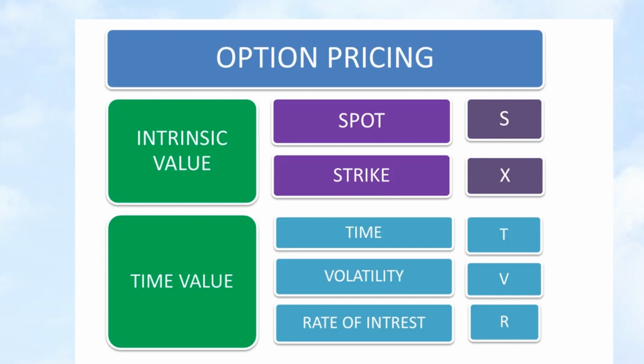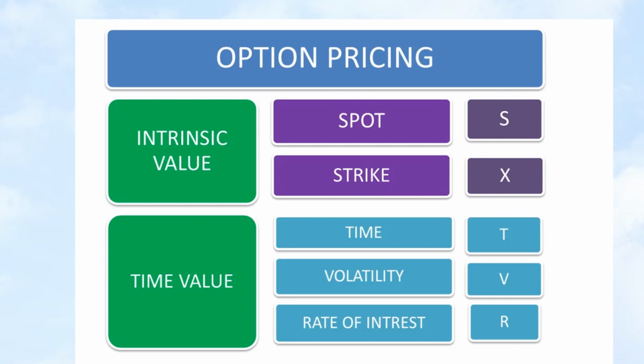Spot price means the price of the security at present. The second one is called the strike price. Strike price means the price at which you are going to sell or buy after 1 month or 2 months, which equally depends upon the period of the contract. That is the strike price.